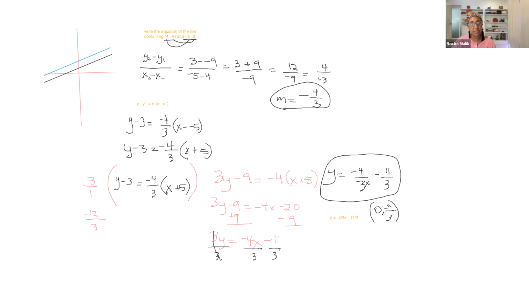So parallel lines have the same exact slope. Now, it's not the same line, but it slopes the same way. Okay.